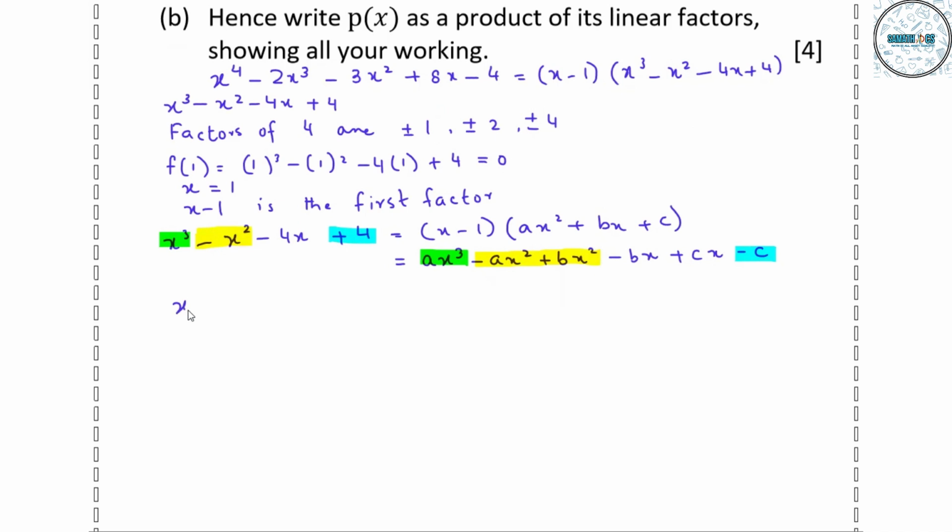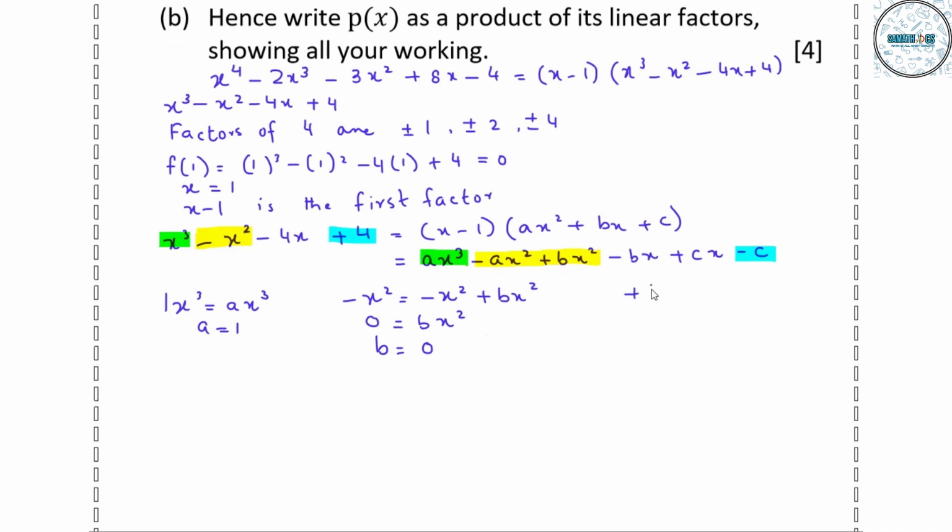So x cubed is equal to ax cubed. A is equal to 1 because the coefficient of x cubed is 1 here. Minus x squared is equal to minus x squared plus bx squared. So 0 is equal to bx squared, so b is equal to 0.